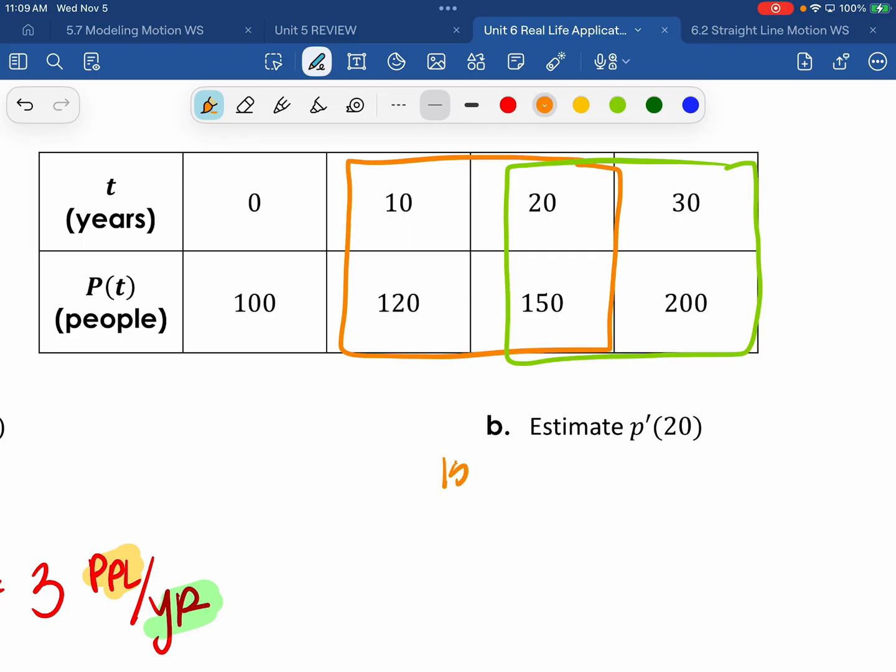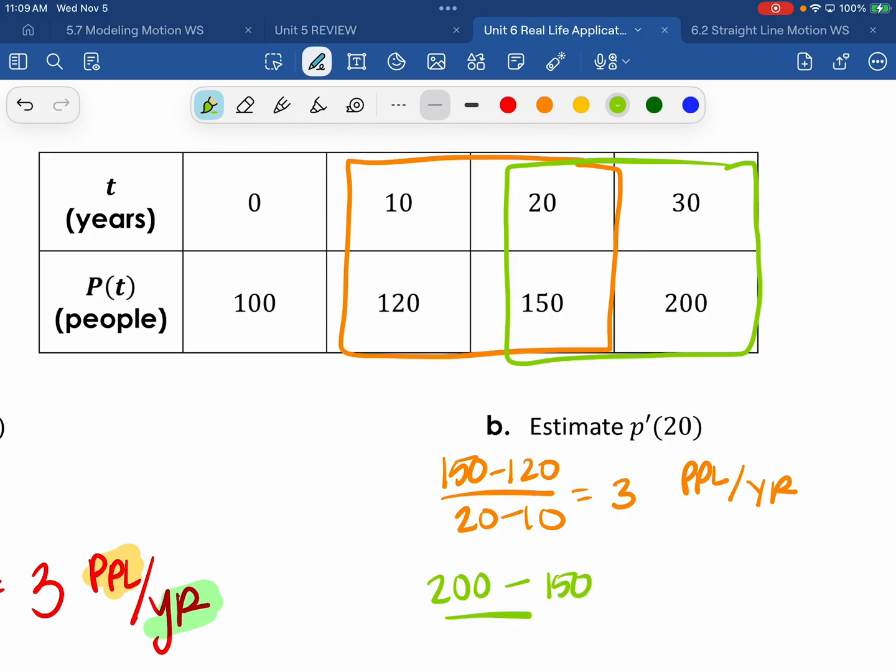You could either go 150 minus 120 over 20 minus 10, which is what we just did, 3 people per year. Or you can do the 20 and the 30 and do 200 minus 150 over 30 minus 20, which is going to give you 5 people per year.